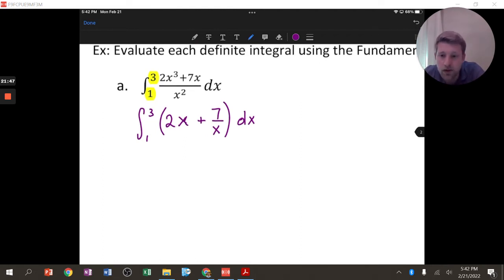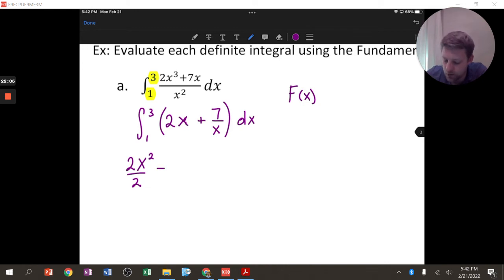So first, I'm just going to go out and try to solve for kind of that capital F, or the antiderivative of the function. And so I do that by, again, taking our antiderivative. This would be 2x quantity squared divided by 2.